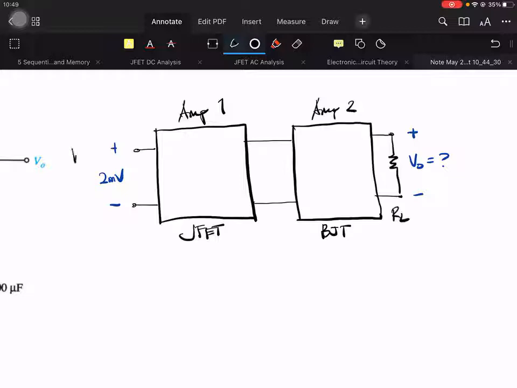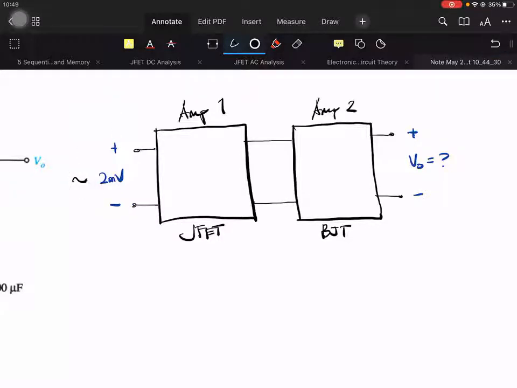Because the 2 millivolts input goes to the first amplifier, maybe it is directly connected to the source without any RS. So 0 ohms ang resistance here. Okay, 2 millivolts diretso ang connect sa amplifier 1.